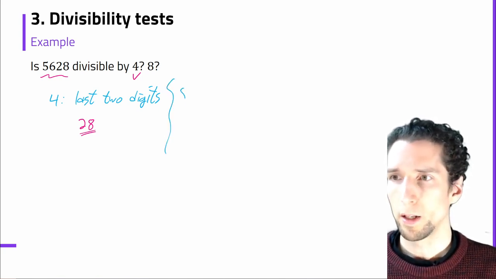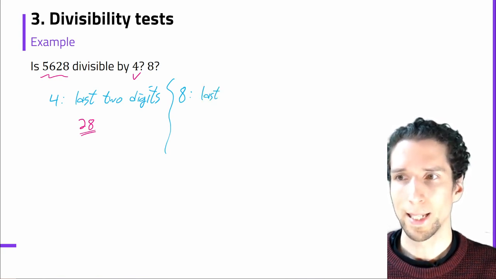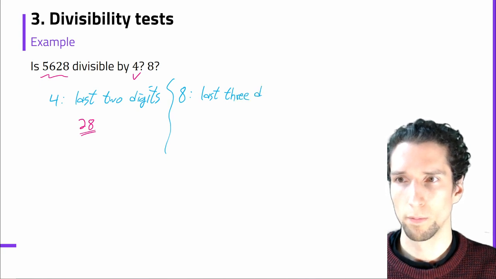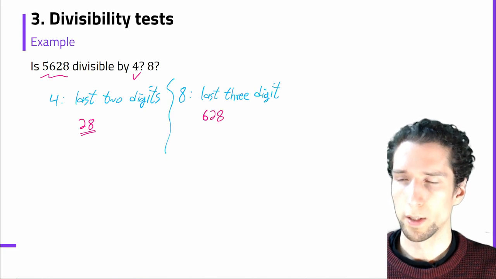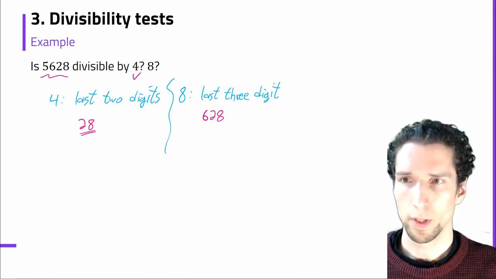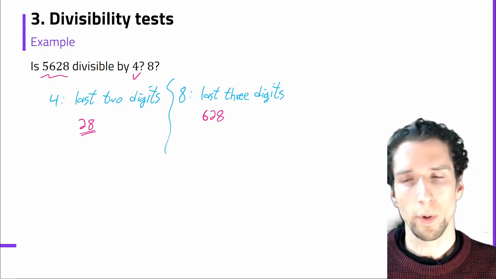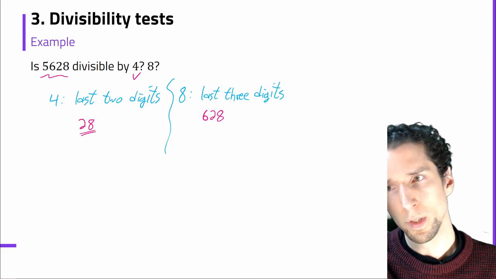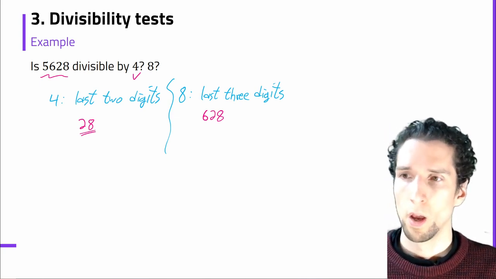The other one, 8, is quite similar, but we look at the last 3 digits. So in this case, we have 628, the last 3 digits. If this number is divisible by 8, then our whole number will be.